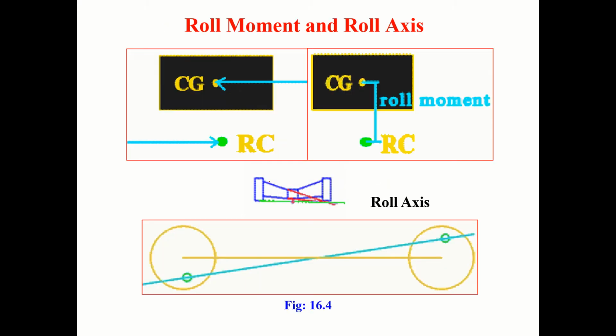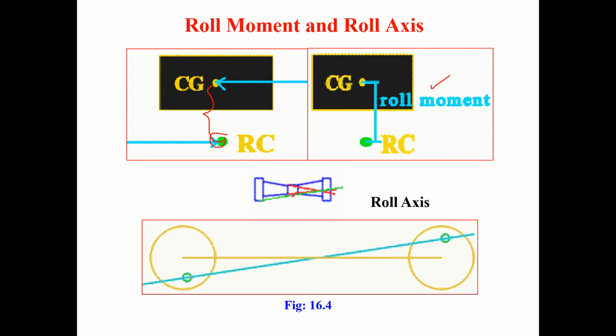First, you know that many things we have already discussed. In a suspension, you will have a roll center. If the center of gravity is above that, and there is a force at the center of gravity acting outwards, and that force acts over this distance, we call it a roll moment.